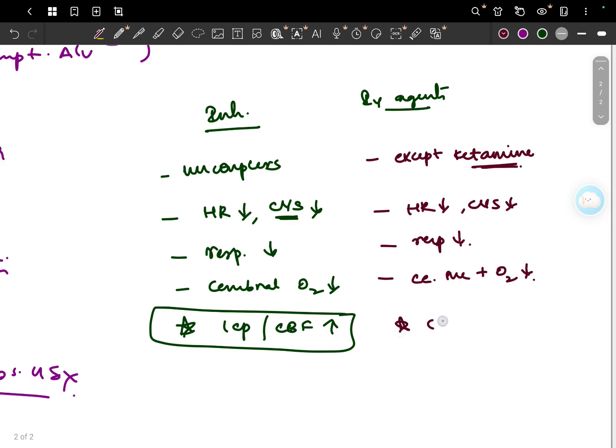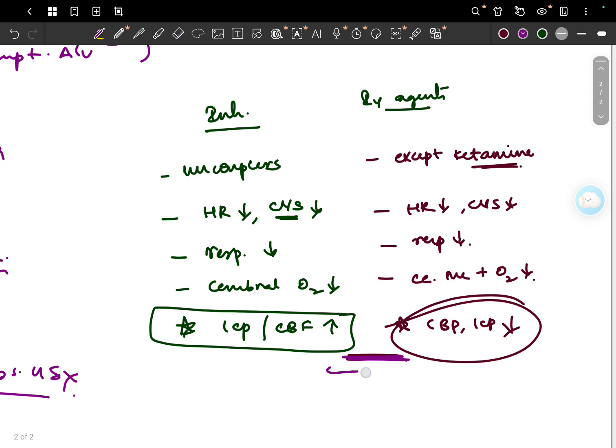However, cerebral blood flow and ICP will also decrease. This is one point which you have to compare between these two. So this is all about inhalational anesthetics. Next we'll be talking about IV anesthetic agents. Thank you.